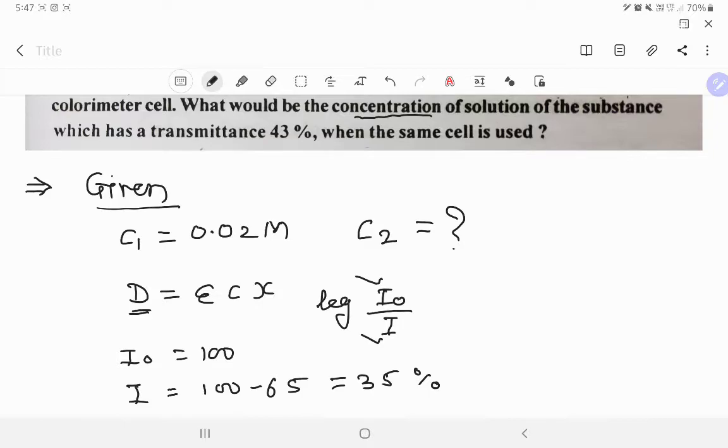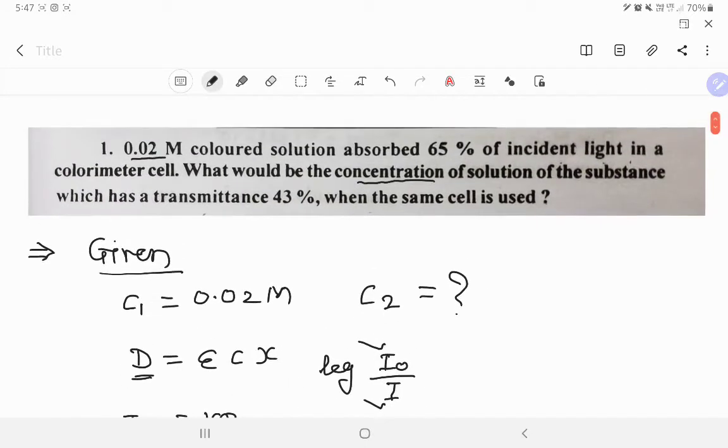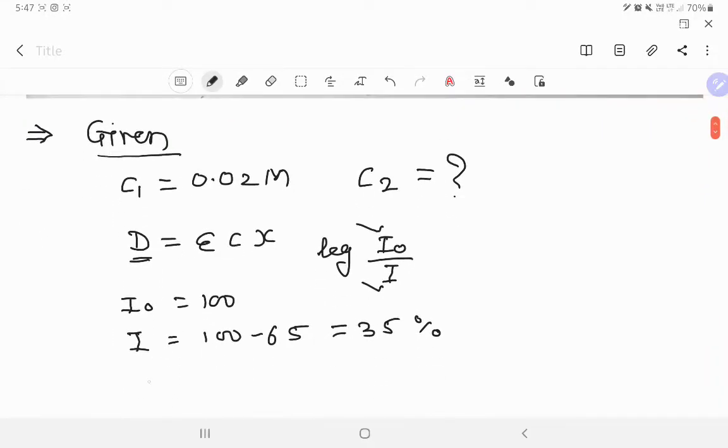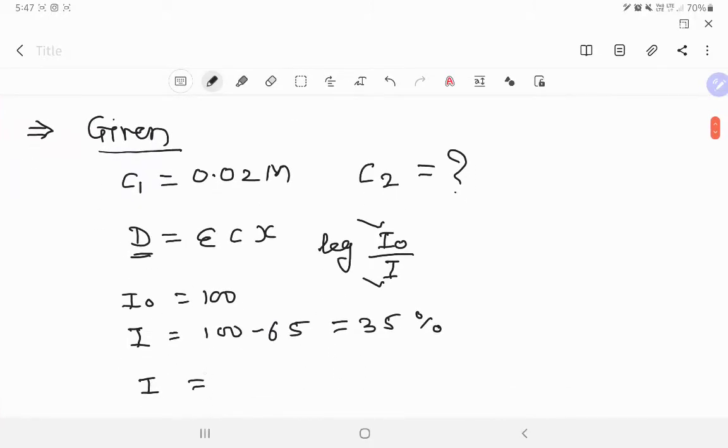Yes, 65% is absorbed. Transmitted light is 35%. And in second experiment, transmitted light is also given, 43%. Two solutions having two transmittance, one concentration is given, another concentration has to be determined.